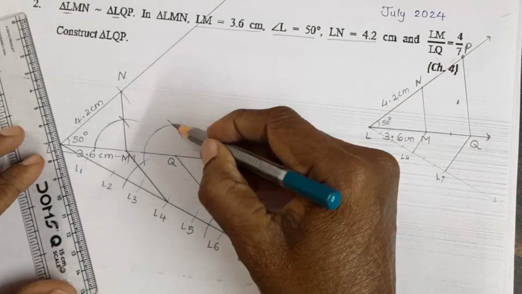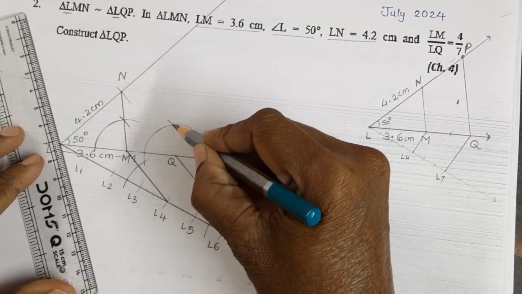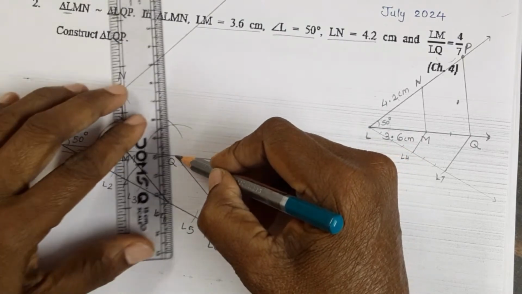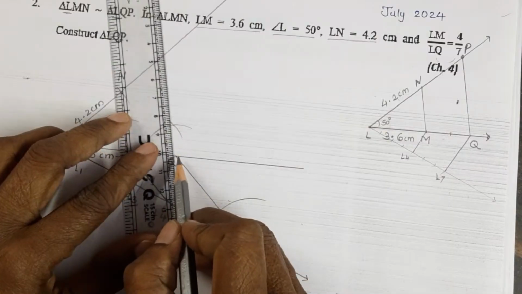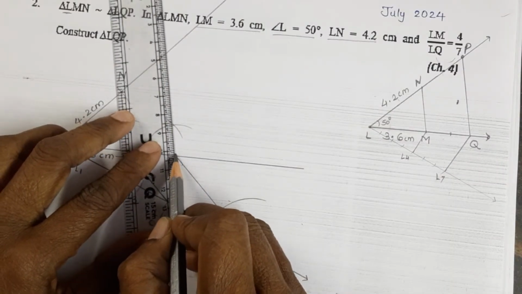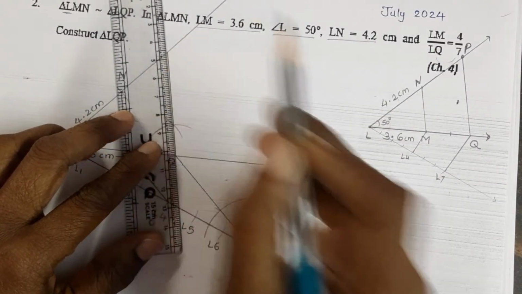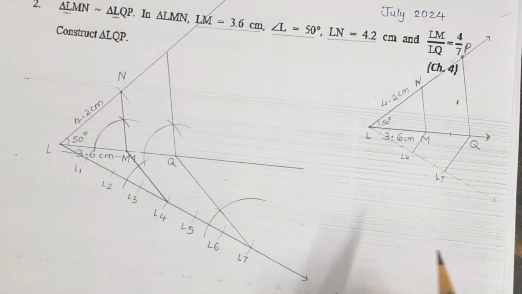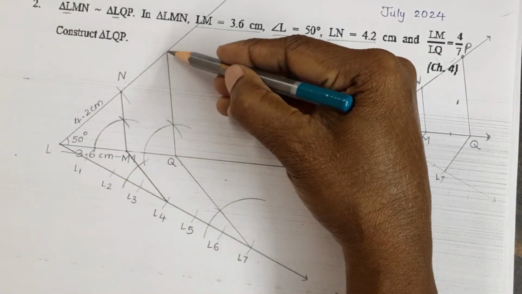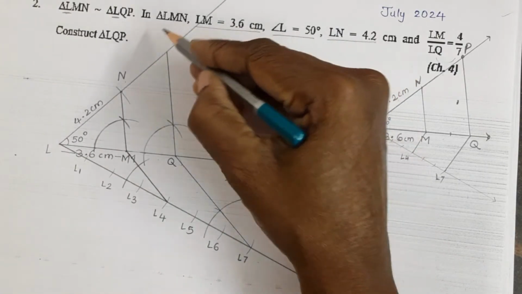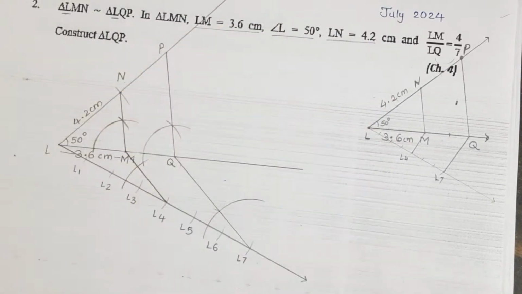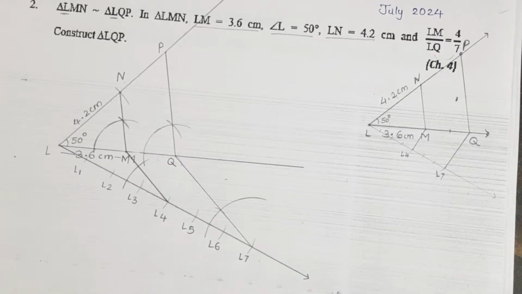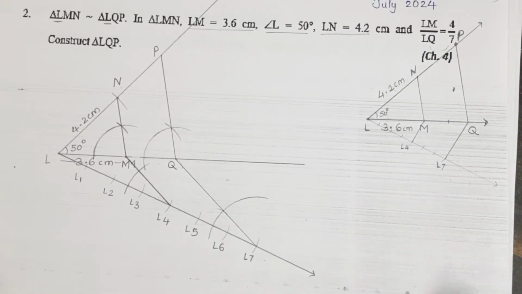Now this intersecting arc and the Q point, join and make the line segment this way. Students, this point is called P. So this way our construction is completed.